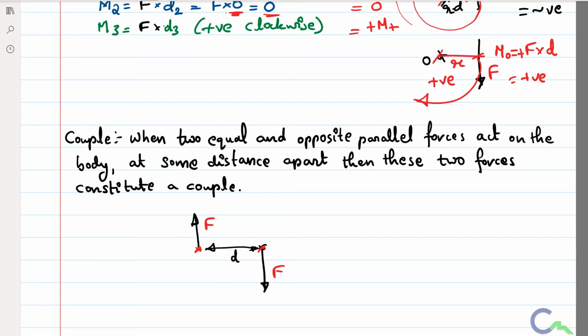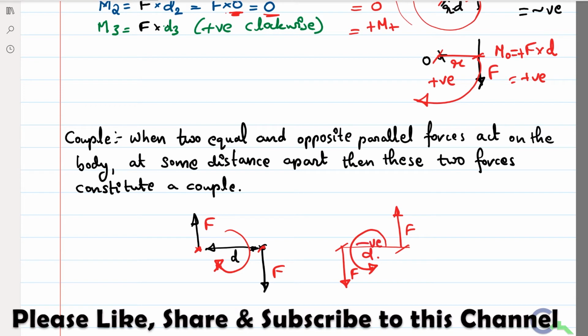If I apply these two forces, it is going to rotate in the clockwise direction. This is a positive couple. If I take one more example, if one force is acting like this with the same magnitude, and one more force is acting in this direction, with distance d, and I apply these two forces together, it is going to rotate the object in the anti-clockwise direction.